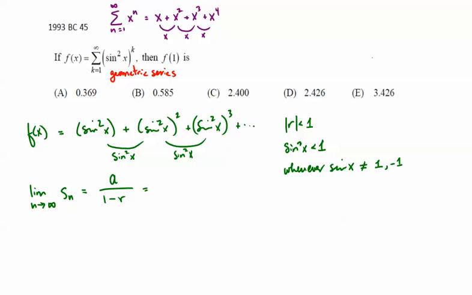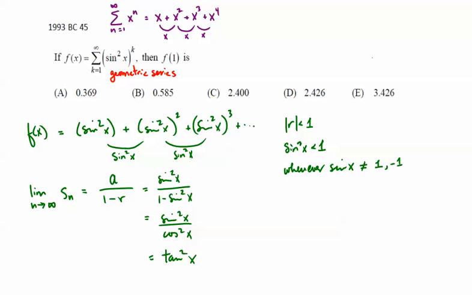Now in this case the first term is sine square of x, and 1 minus r is also... some people might recognize that this is, the denominator anyway, is another way of writing cosine square of x. And so this whole thing comes out to just be tangent square of x.